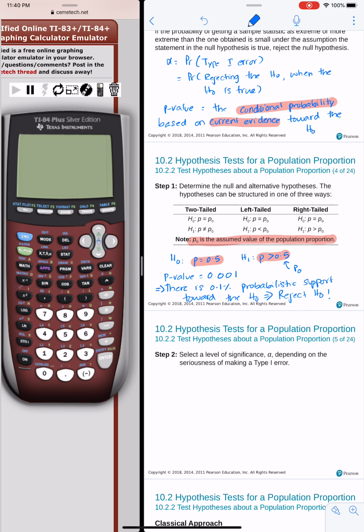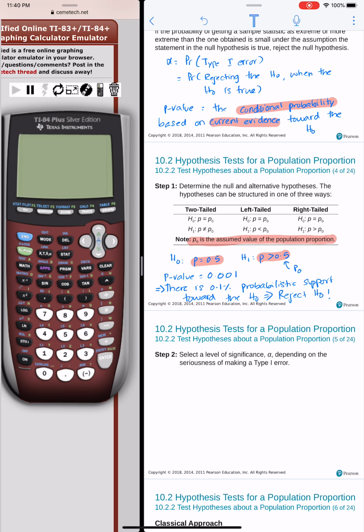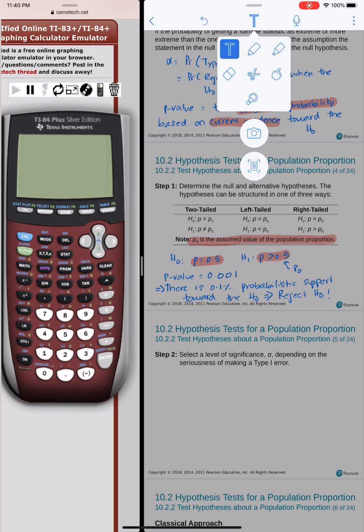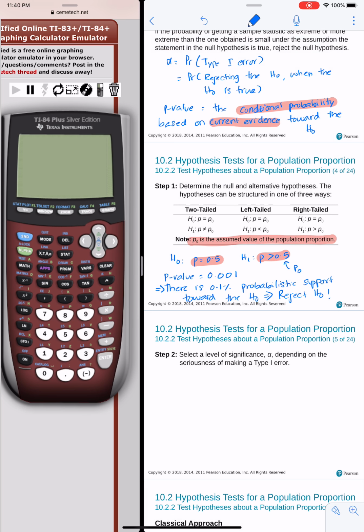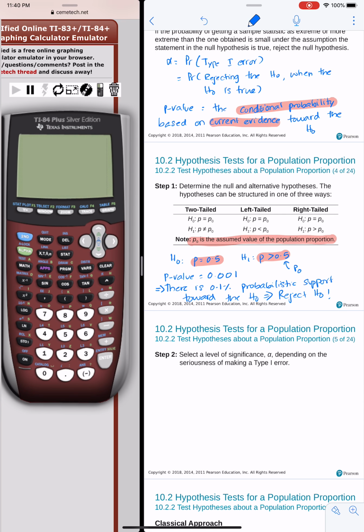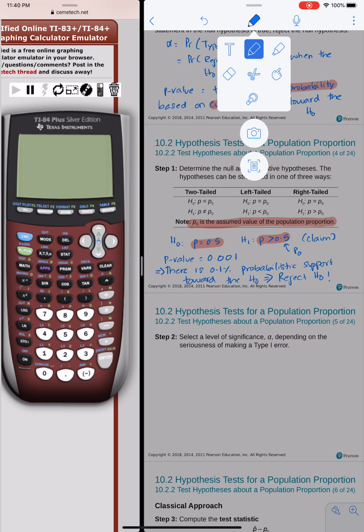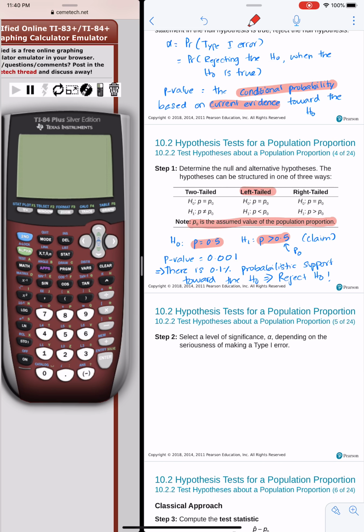Depending on the alternative statement, which is the claim, we choose either a left-tailed test, a right-tailed test, or a two-tailed test.